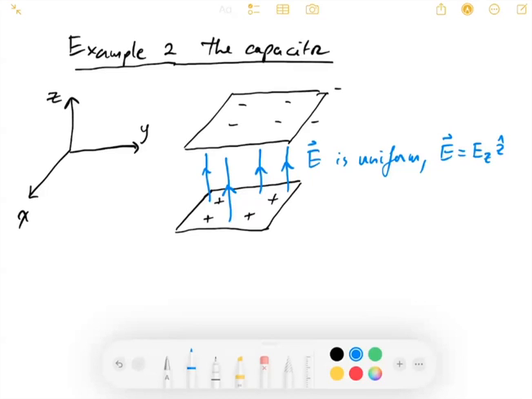Now we're going to do the same thing. We're going to say the field is contained to the region in between the plates. So that means that the stress tensor is something finite inside and it's 0 outside. So we're going to take a Gaussian box and put it over the thing and we'll do the same thing.